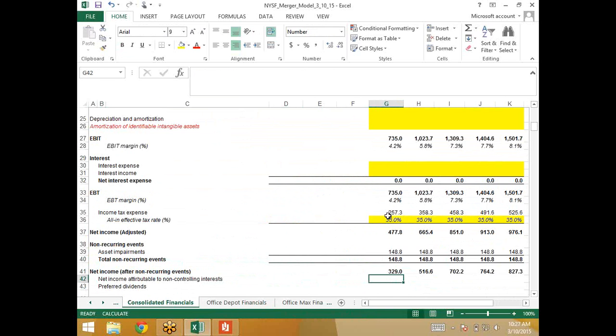What's up with non-controlling interests? Why? The targets have been gone out.